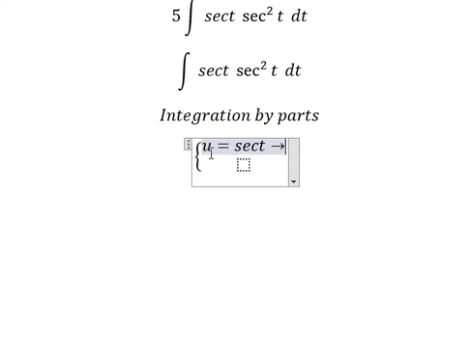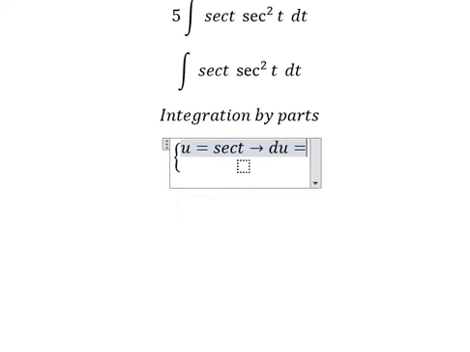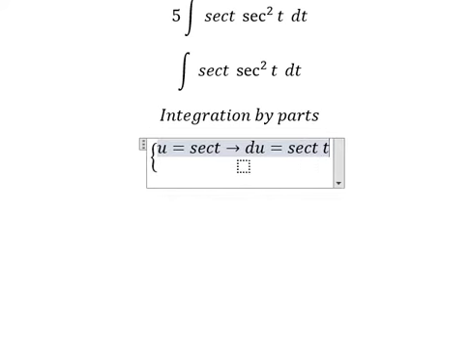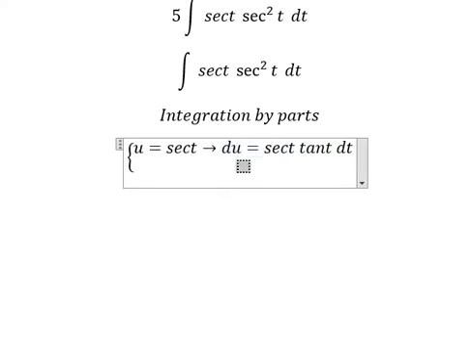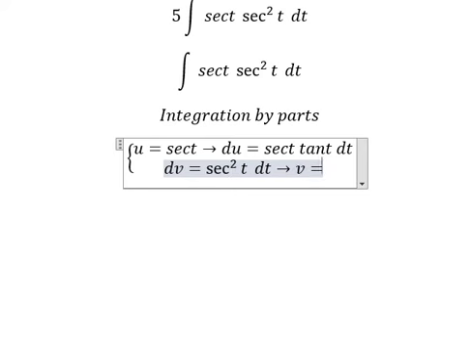Later we need to do first the derivative for both sides, and we have du equals secant of t tan t dt. dv we have secant of t squared dt. The integration of this one we have v equals tan t.